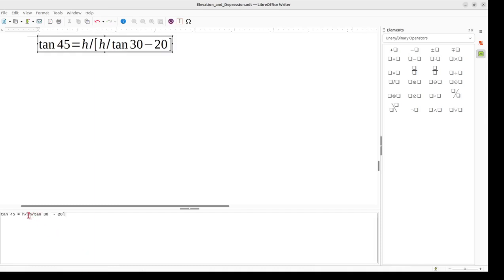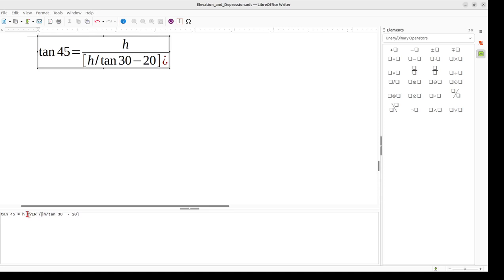We have tan 45 is equal to h over something like this. Let's try to solve for h from that.